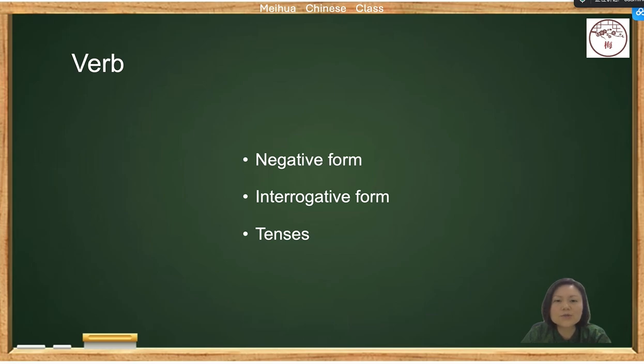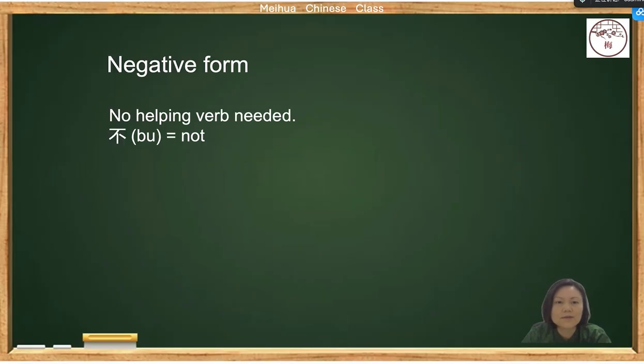We are going to learn the negative form for the verb, the interactive form, and also the most important part, how do we fit a verb into different tenses. So the negative form for a verb, let's recall how we do this in English.